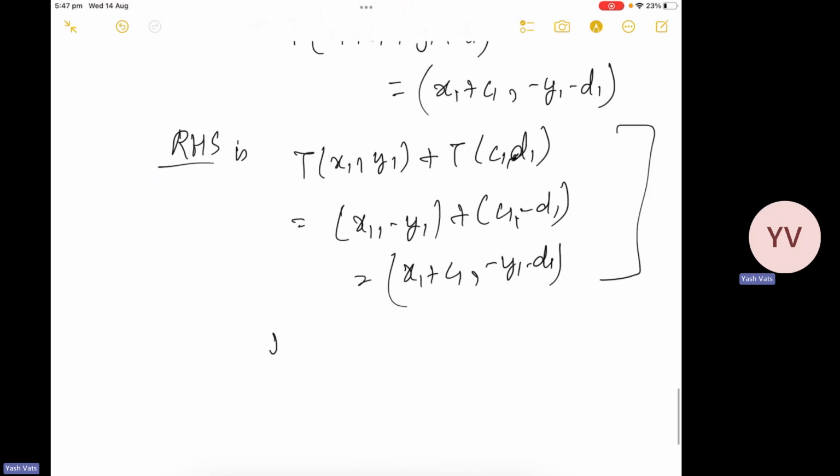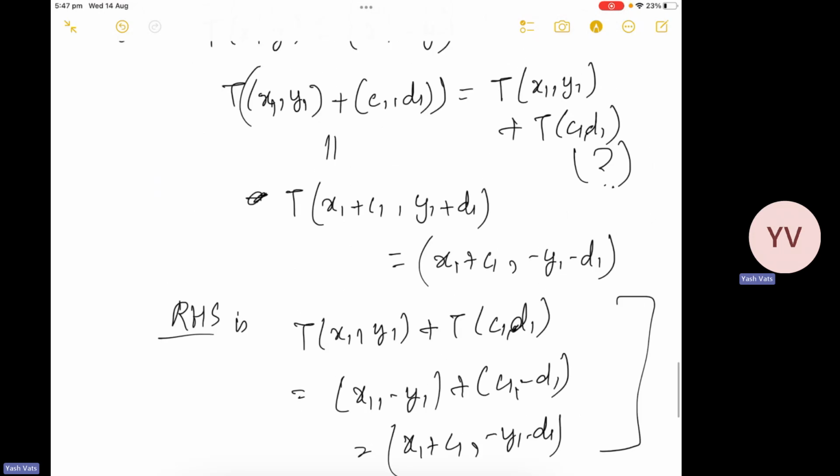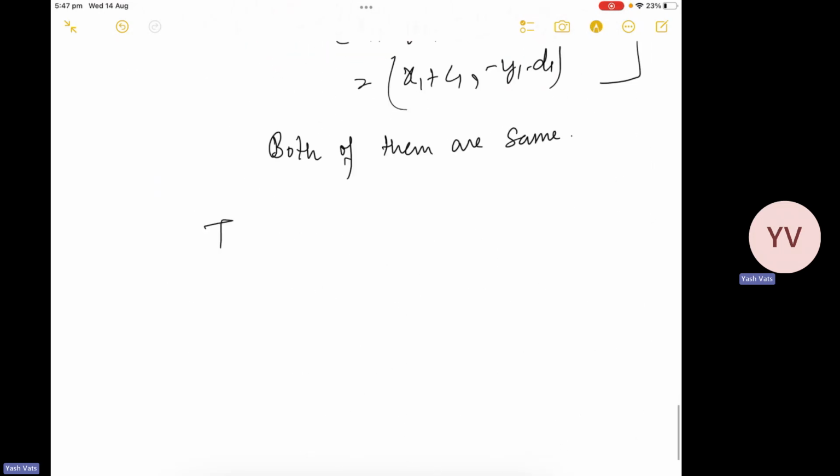So both of them are the same. And the next step is to check whether T of alpha (x, y) is the same as alpha T(x, y) or not.